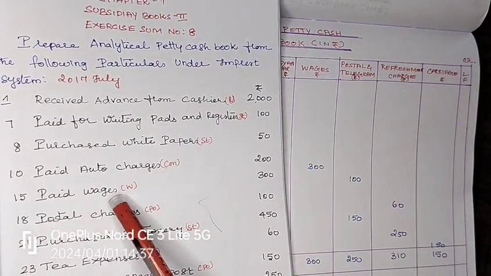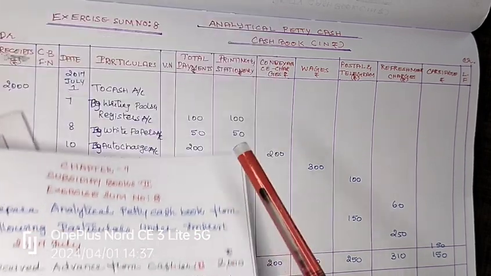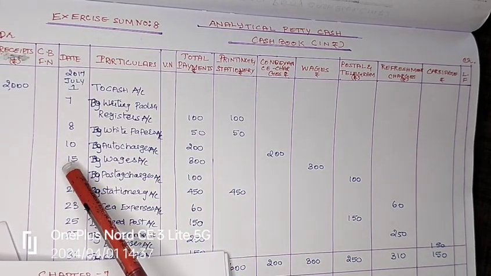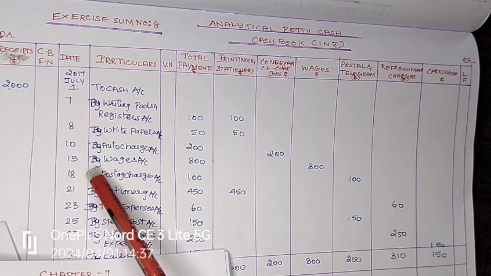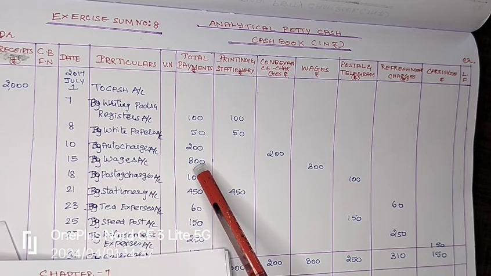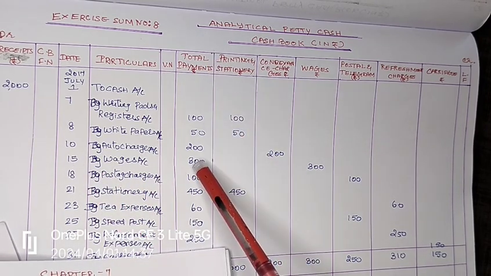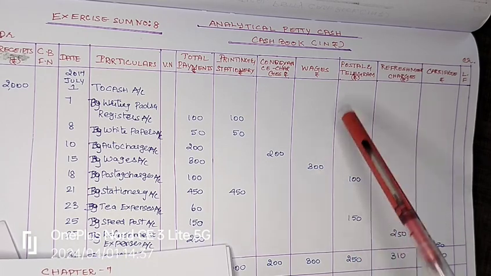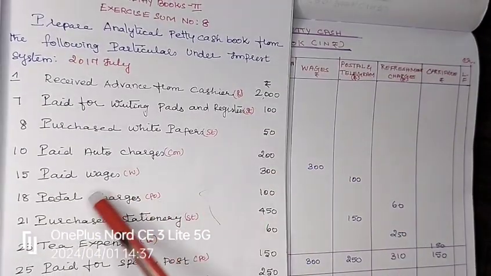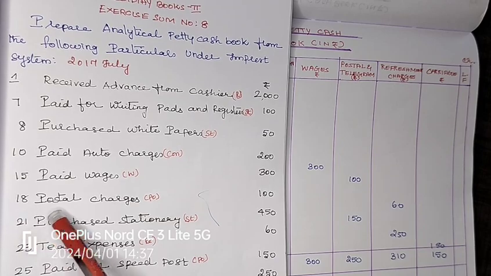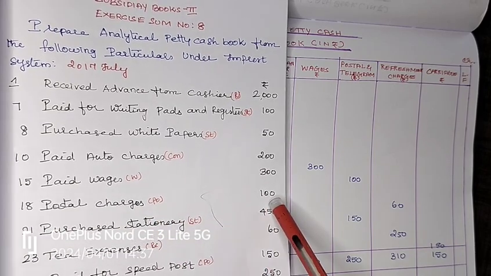Dated on 15, paid wages 300 rupees. So dated on 15, by wages account 300 rupees is entered in the total payment column, and also 300 rupees is entered on the wages column.